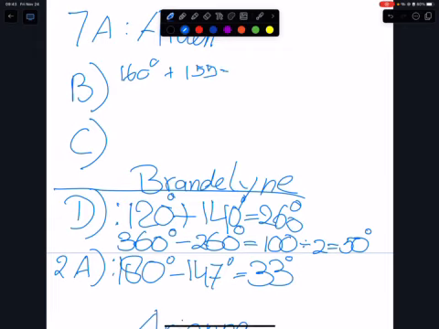And we get the two angles that we already have put together.